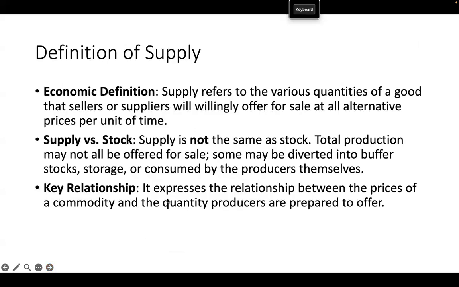Our next topic is supply. You've heard of supply before.